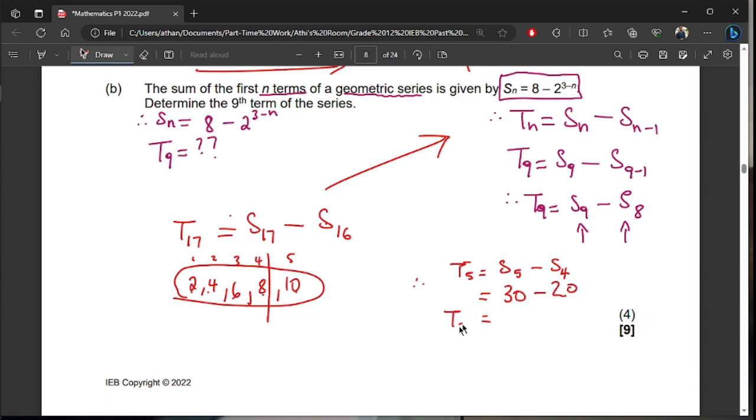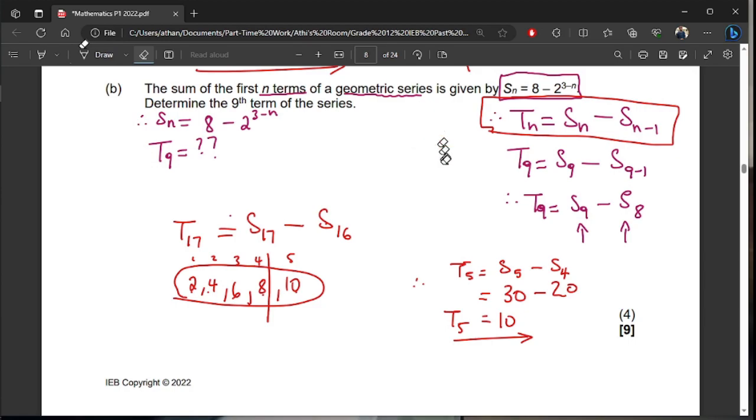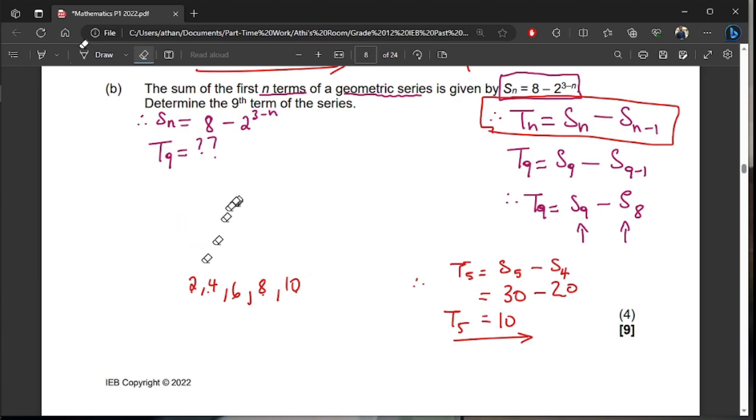Now this leaves you with term 5 being 10, because 30 minus 20 is 10. So I'm going to use this formula to answer that question. I hope that I didn't lose you guys. If you were lost, please try to rewind the video and rewatch again. I hope that it makes sense.